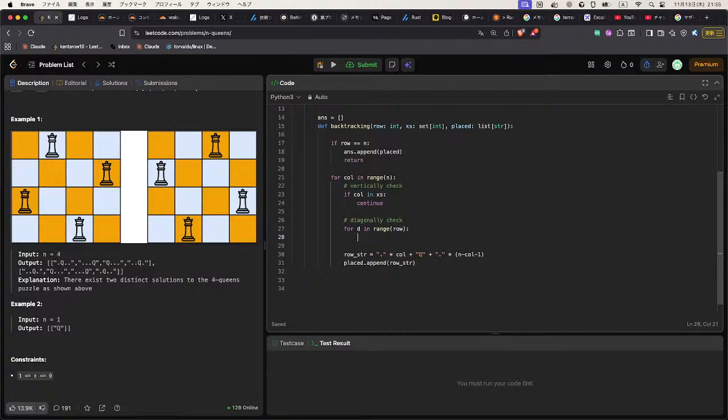If it is 1, we just check 1. Means y should be row minus d.